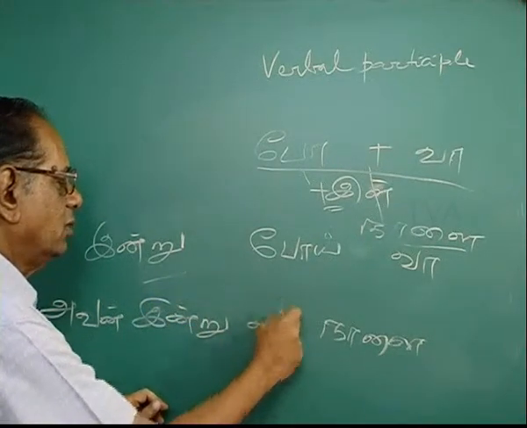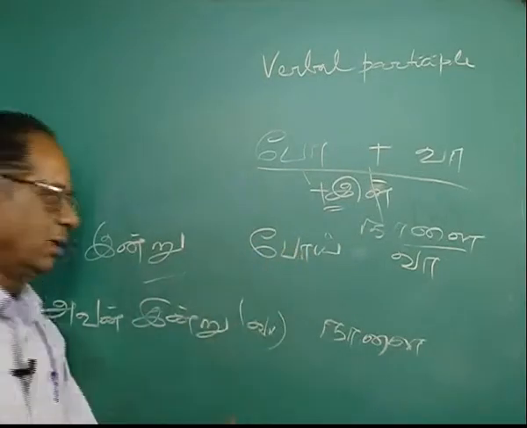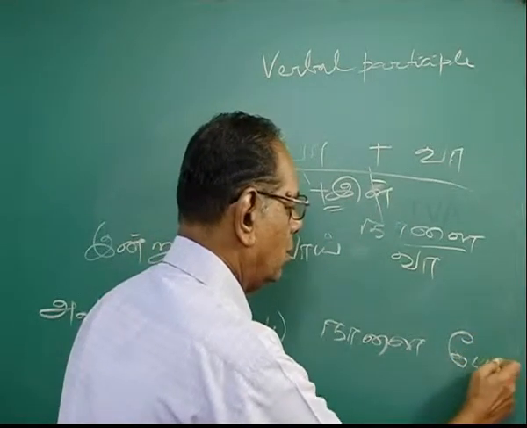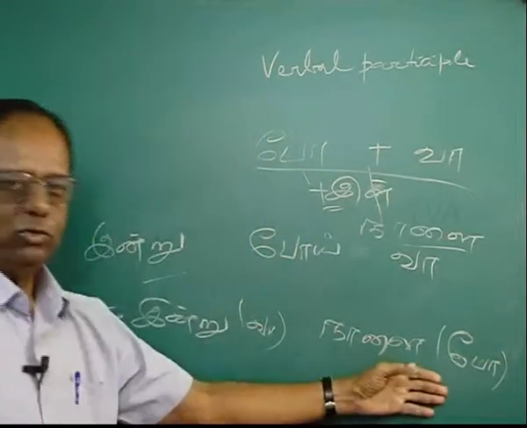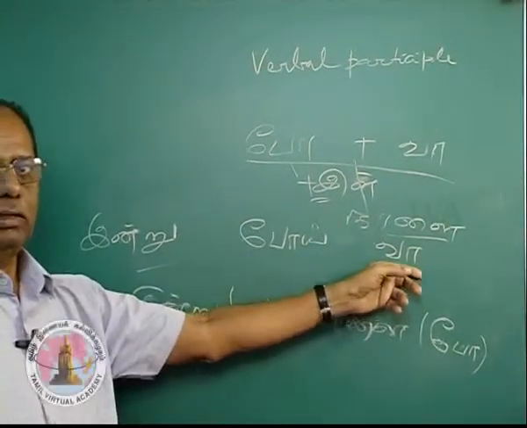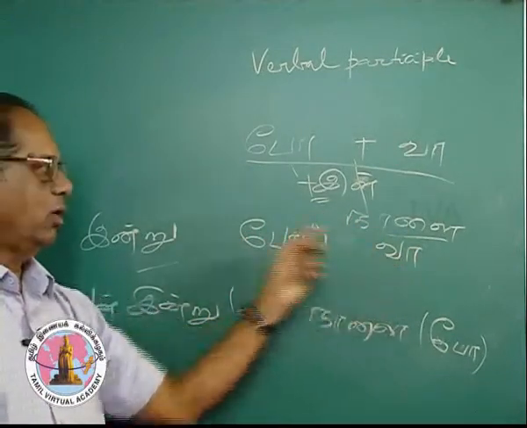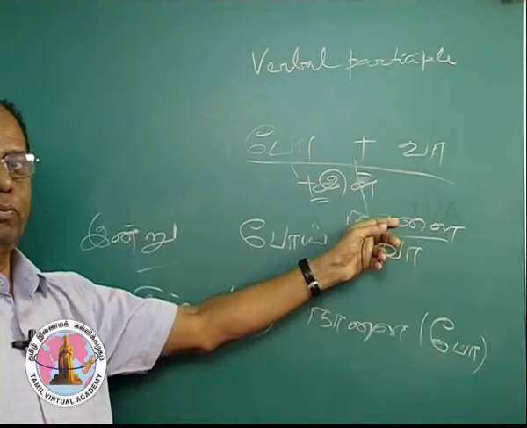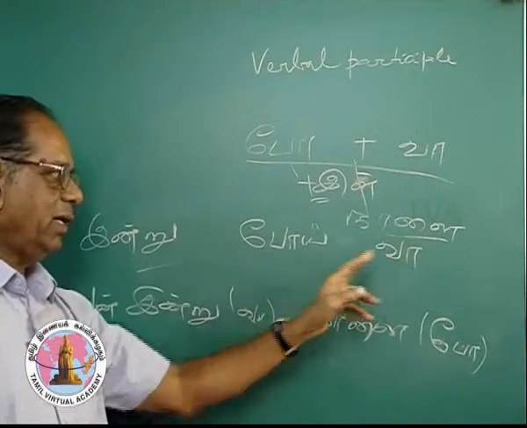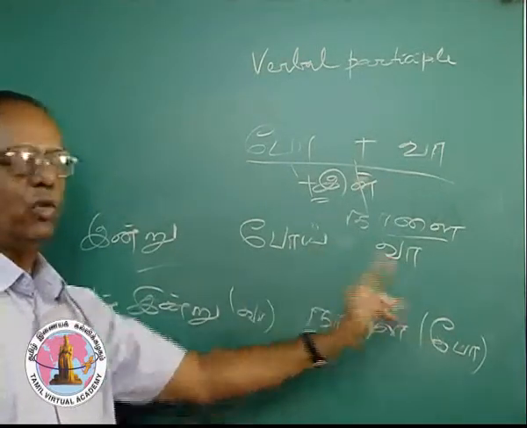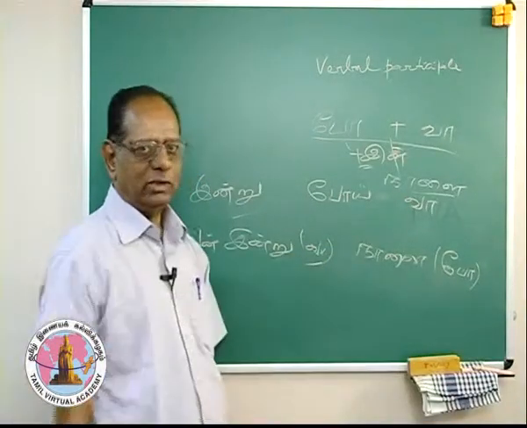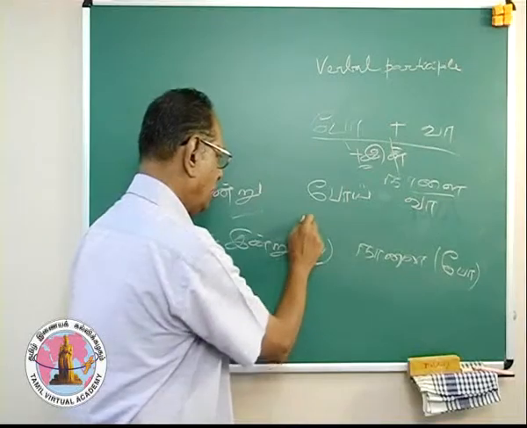Here I make use of the verb va instead of po. Here I make use of the verb po. Poi va. Indru poi nalai va. You go today and come tomorrow. Now I change the verbs. I bring in this va here and put this po here. What will be the form? Va naturally must have the past tense marker and plus u.